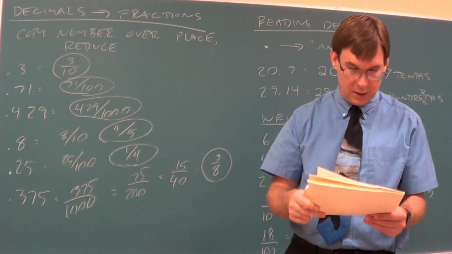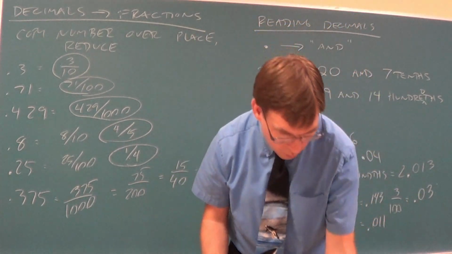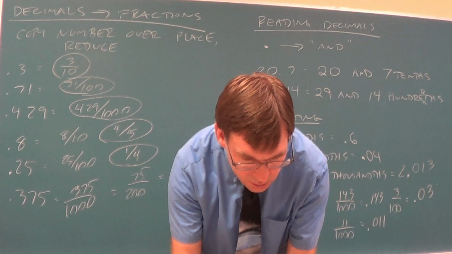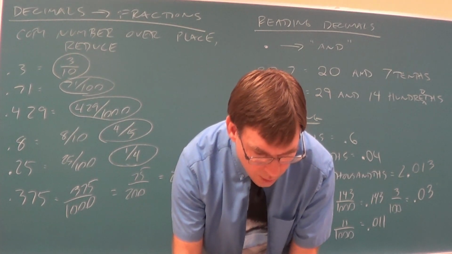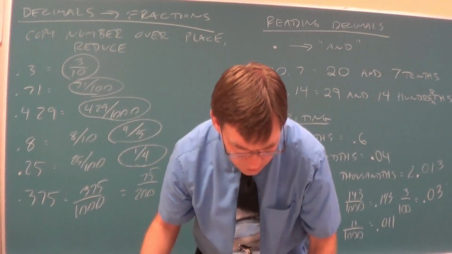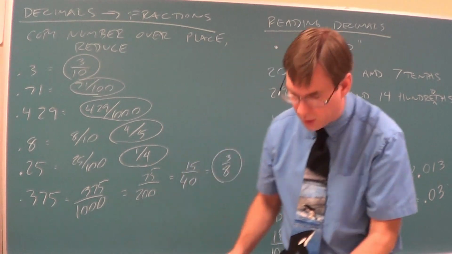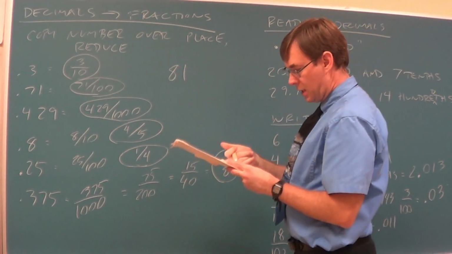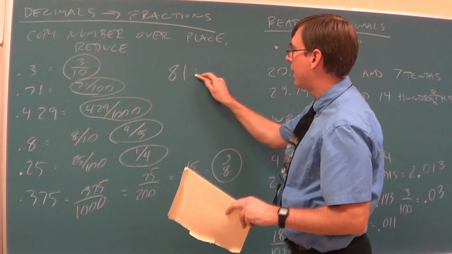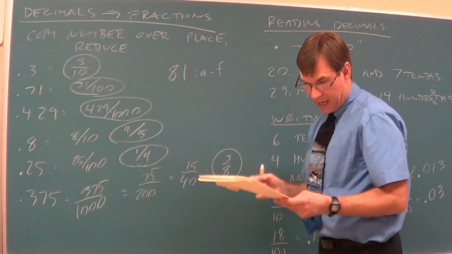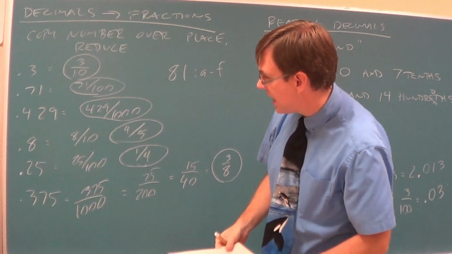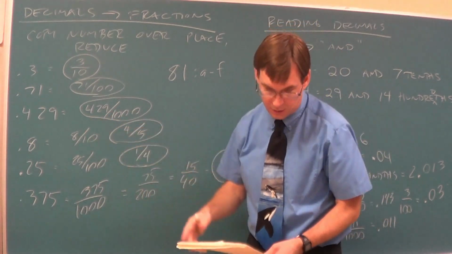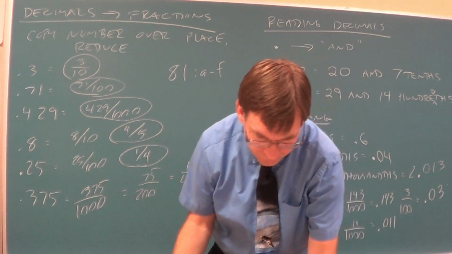So we're headed to a couple places. 81, we're gonna do some of the letters. There's a ton of letters on 81. We're just gonna do some of the letters on 81. 81 letters A to F. What that does on A to F is it has you writing the fractions like what we practiced first.